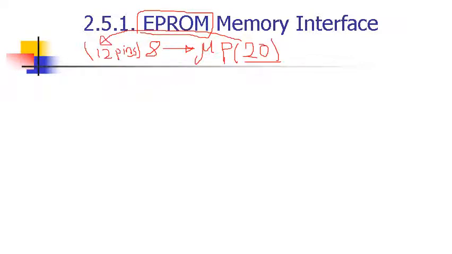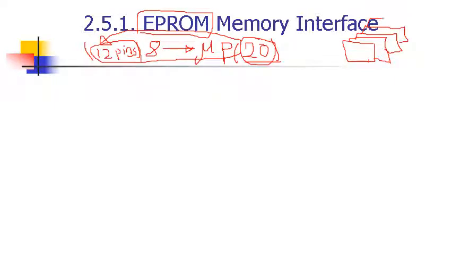So definitely we'll need a decoder here, to decode the 20-bit address into 12 bits only, in addition to choosing among different memory chips. We'll have 8 different memory chips.